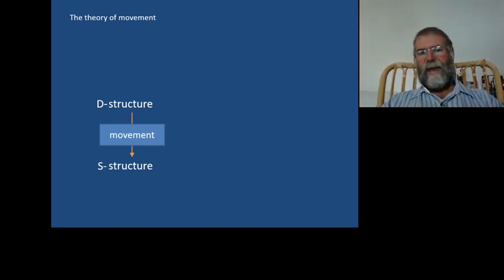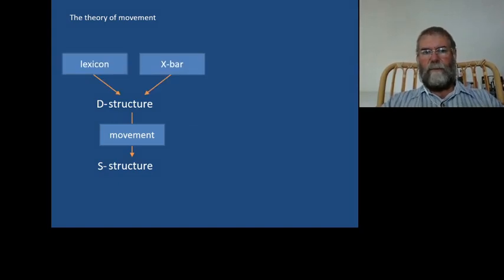And D structures and S structures are of different natures. They're related to each other by movement. So you form the S structure by operating a movement process on a D structure. D structures themselves are what are directly formed from the kinds of things we've been considering up until now.